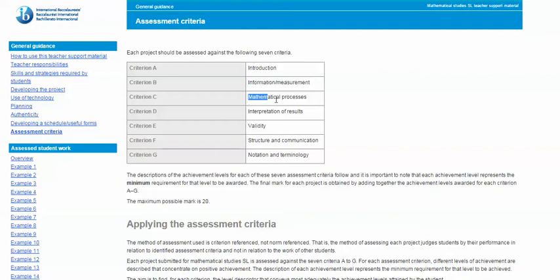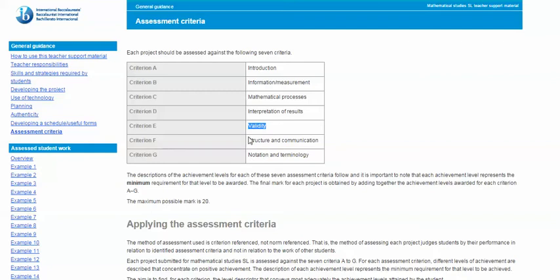Then criteria C is your mathematical process, so what maths you've done. Criteria D is how you've interpreted the data, so your analysis of it or your conclusion. Criteria E is a validation of how well you think you performed, the limitations of your project. So what kind of pitfalls, what kind of errors could have happened.